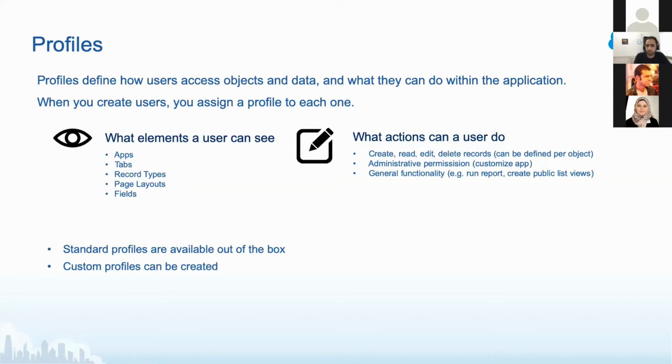It also controls what kind of actions you can do as a user. So if I can create a new account, create a new case, read opportunities, and create opportunities, you can control via the profile whether the user can do such actions, yes or no.